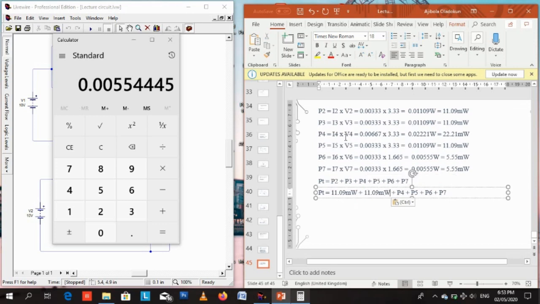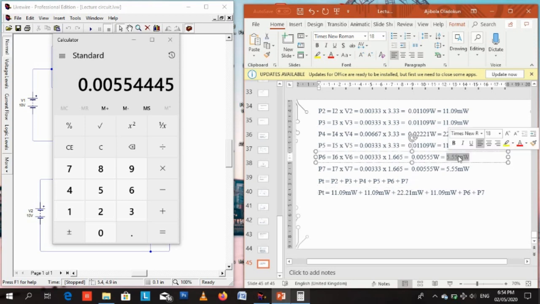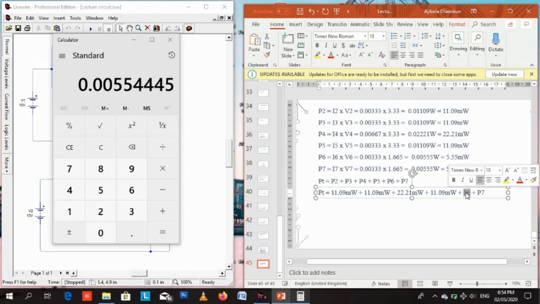P4 is 22.21 milliwatts. P5 is 11.09 milliwatts. P6 is 5.55 milliwatts. P7 is also 5.55 milliwatts.